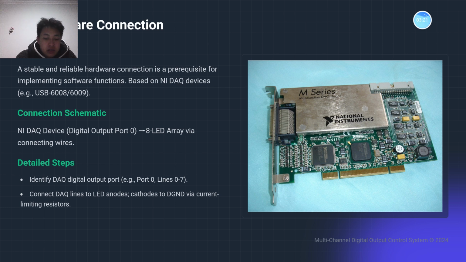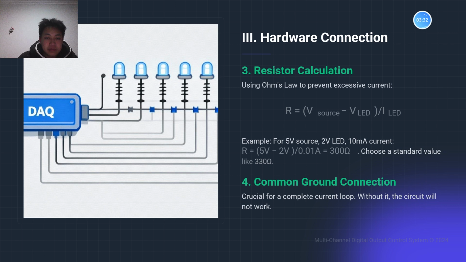The third part is hardware connection. You can see the picture. We need an LED array via connection wires. We should do resistor calculation using Ohm's law to prevent excessive current.